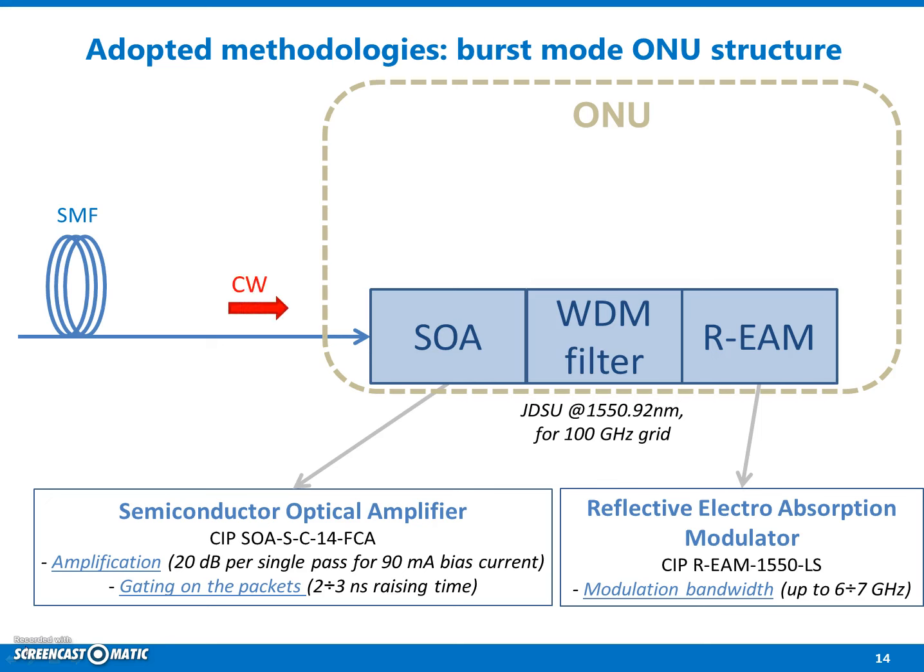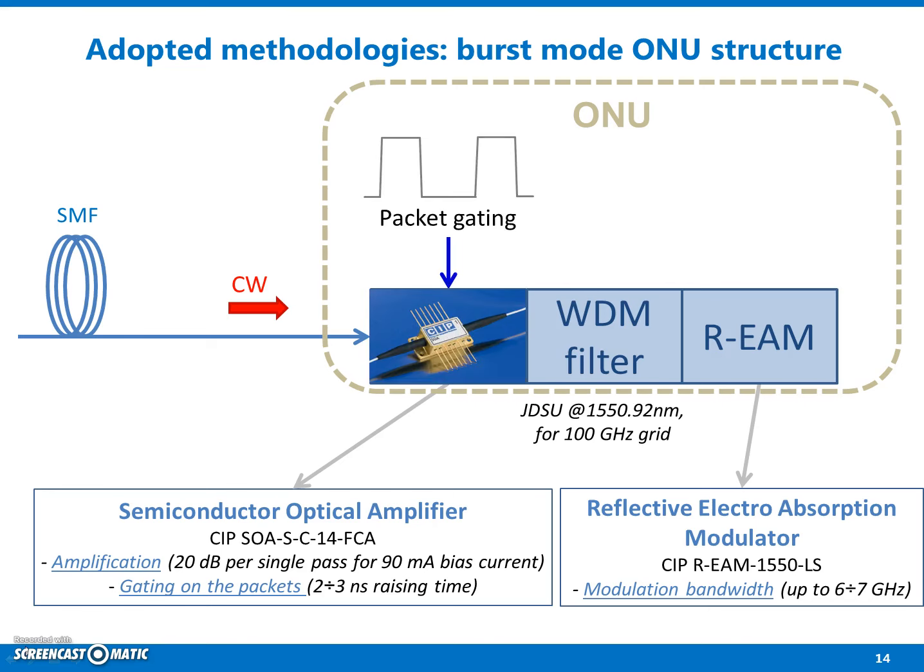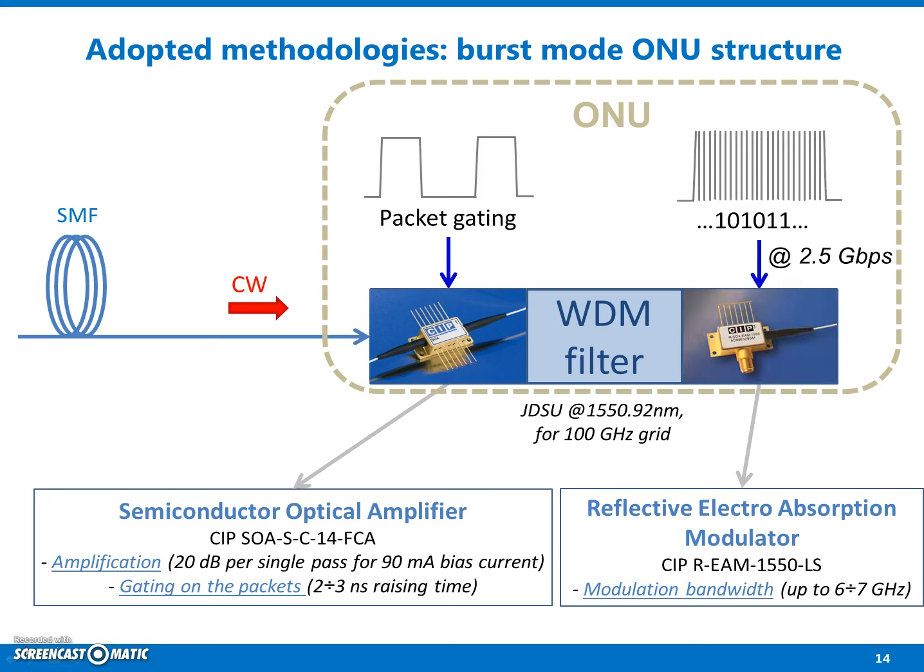The unmodulated wavelength coming from the optical line terminal is thus amplified by the SOA, and simultaneously the optical packets are generated by switching on and off the SOA, driving its bias current according to the time slots assigned to this optical network unit, while the upstream signal is created by driving the reflective electroabsorption modulator by a pure binary modulation signal, working at 2.5 gigabit per second as defined by the standard, and finally obtaining the modulated upstream optical bursts to be transmitted towards the optical line terminal.